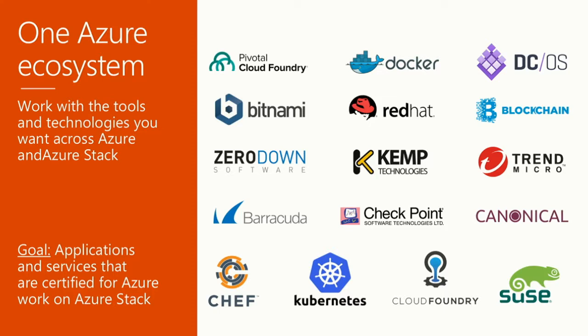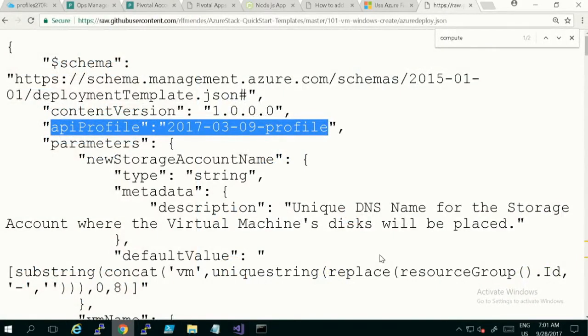So for this demo, we are going to switch to my laptop. Okay, and let's take a look at what that means. Cloud Foundry is a very common type of workload in Azure. Several customers use Cloud Foundry in Azure, and we have many customers planning to use that in Azure Stack.